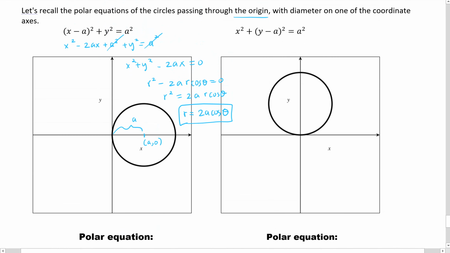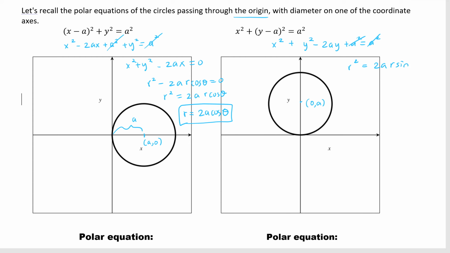How about on the other side? Similarly, we have the center at (0, a). We expand it, and we have minus 2ay, and the a squared cancels. x squared plus y squared is r squared, and we get 2ay, where y is r sine theta, so r is 2a sine theta.